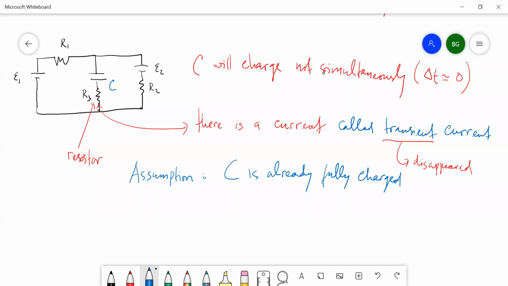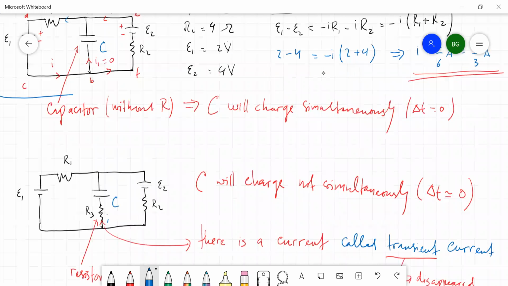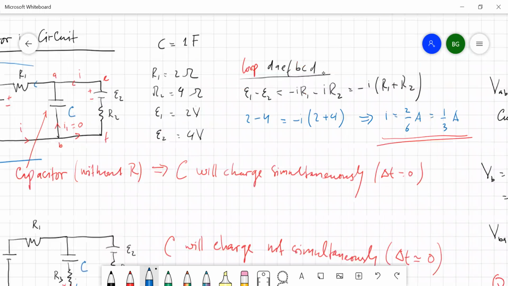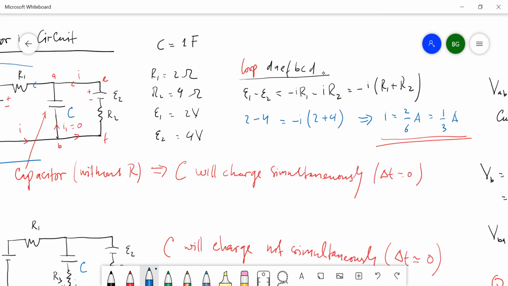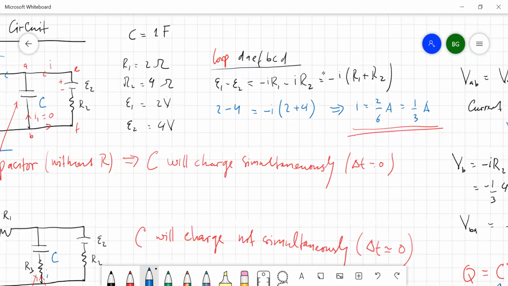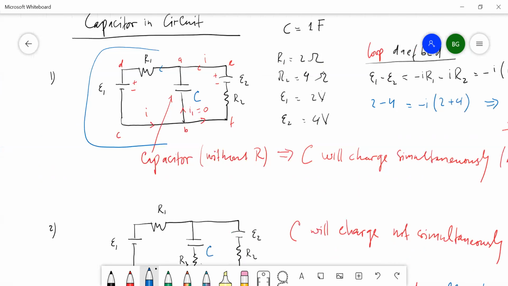Because it's already fully charged, the current I here is equal to 0. Then if we take this assumption, we solve the problem exactly the same as the first example.